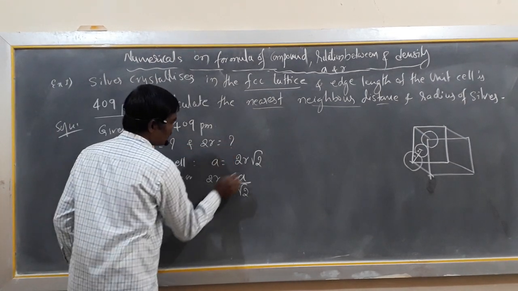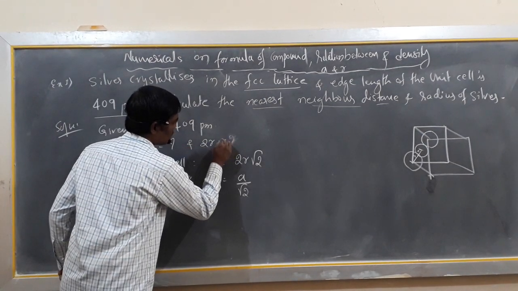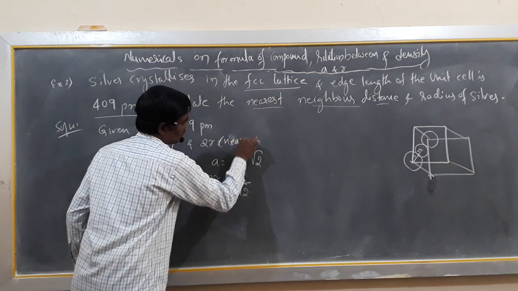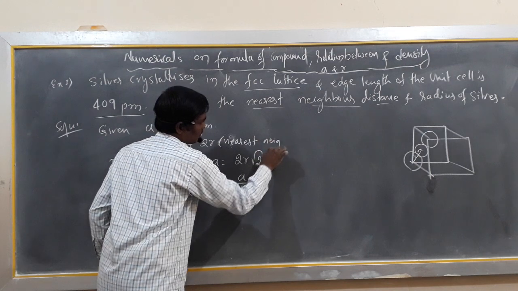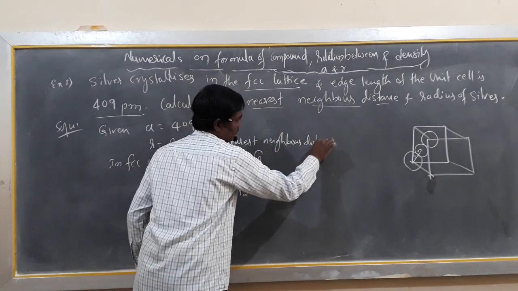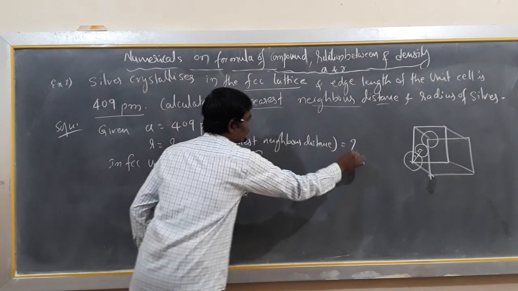So 2R is nothing but the nearest neighbor distance, that is equal to question mark.